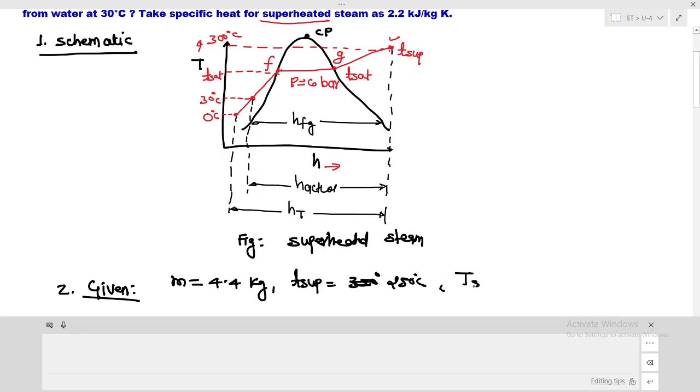So in terms of absolute temperature, this will be 250 plus 273. So it will be 523 Kelvin.